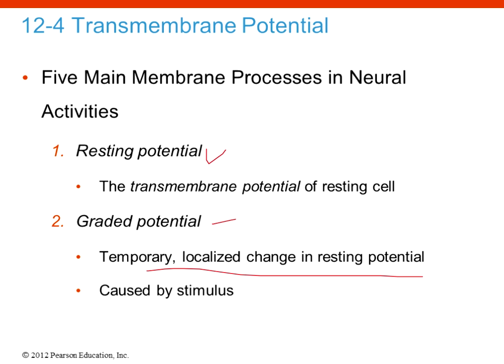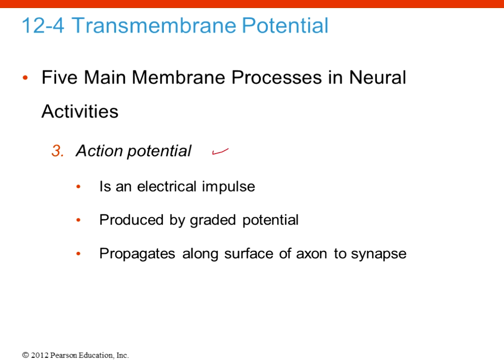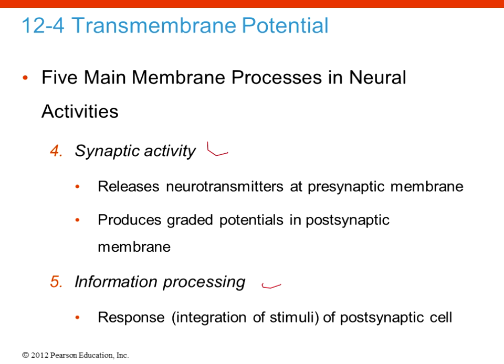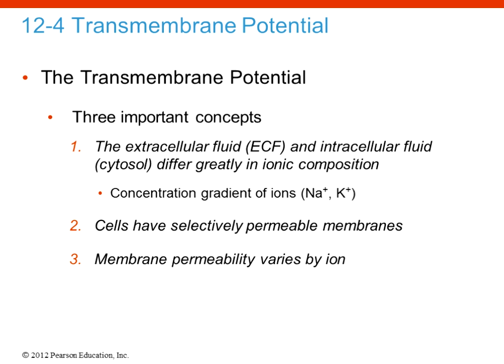Graded potential is a temporary localized change in that resting potential, typically a depolarization caused by a stimulus. An action potential then is an actual electrical impulse that propagates along an axon to a target or a synapse. Synapse is where the neurotransmitter is released and the message is communicated. And then finally, the information processing is the response from that postsynaptic cell or that target.